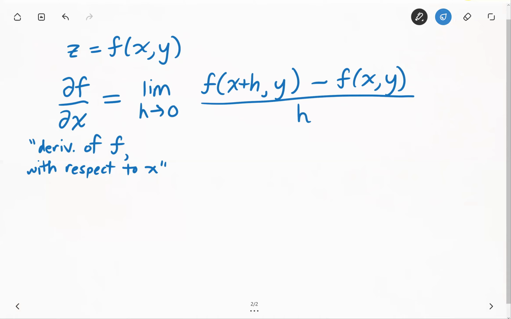So in this case, one of the things I'd really like to draw your attention to is we have this dx on the bottom here. That indicates that the h is being added to the x component, right? X is changing here.